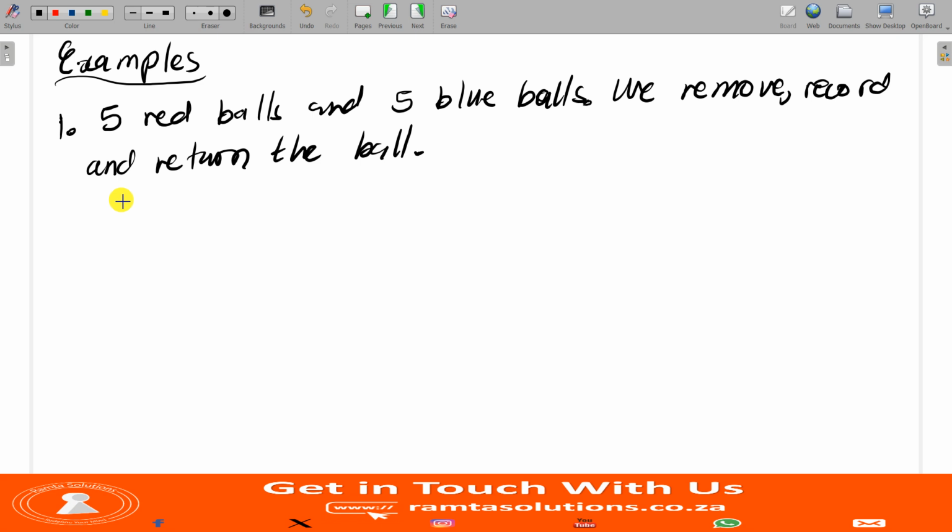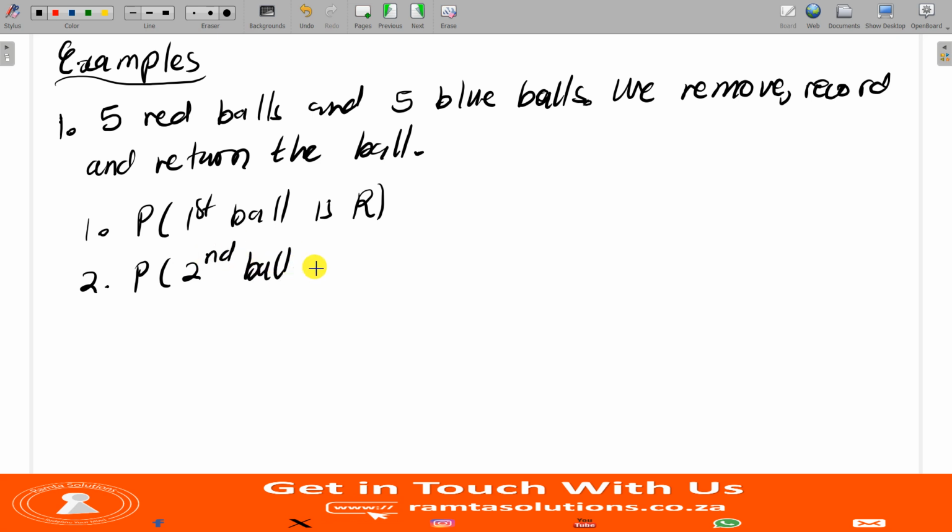So the first question is, what is the probability of the first ball being red? Number 2, what is the probability that the second ball is blue?